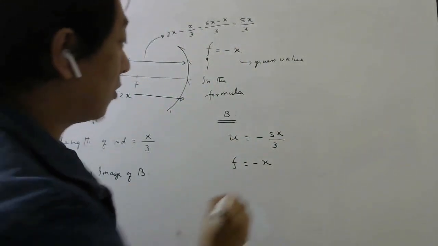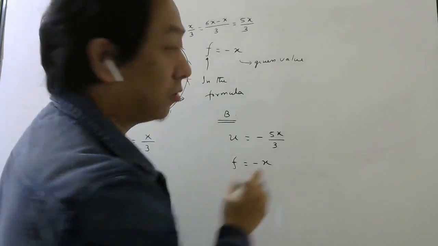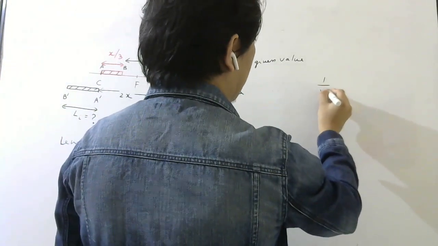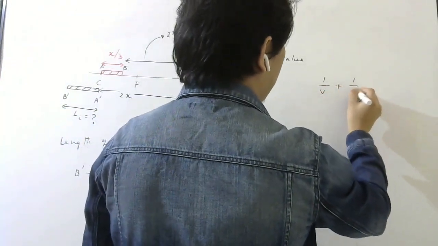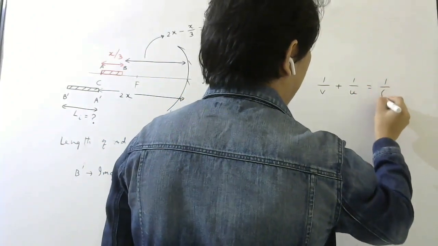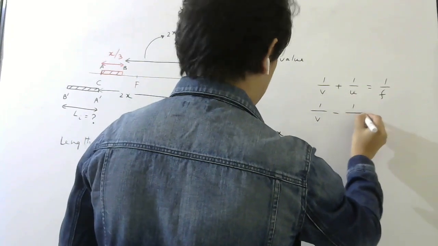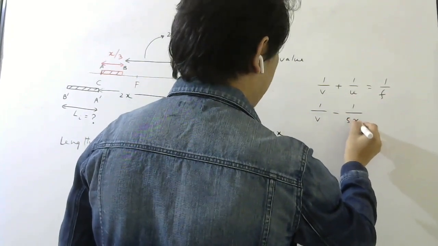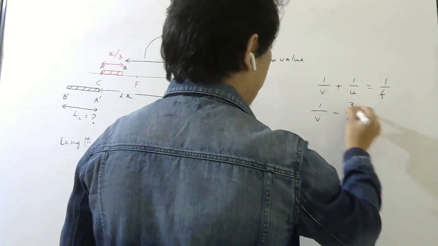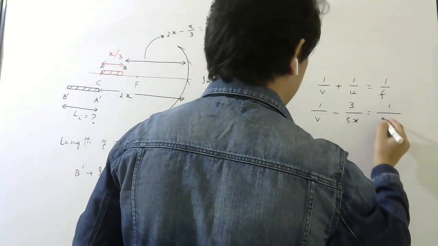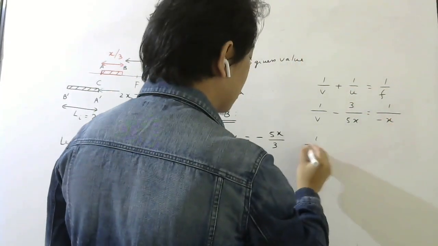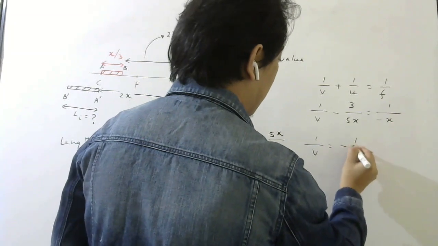Okay, so let us use the formula, because f I know, u I know. So how to find v? 1 by v plus 1 by u equals 1 by f. So v I have to find. u is minus 5x by 3. 3 will go up. Focal length is minus x. So 1 by v will be minus 1 by x.